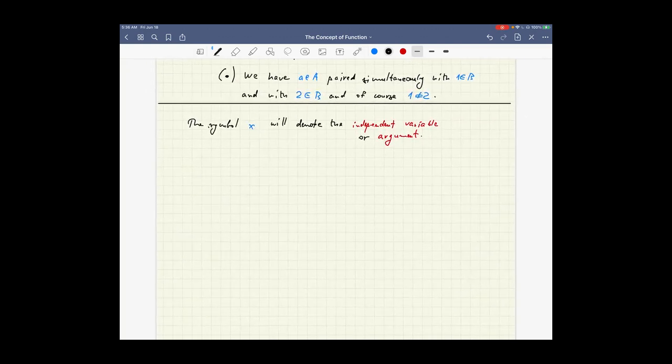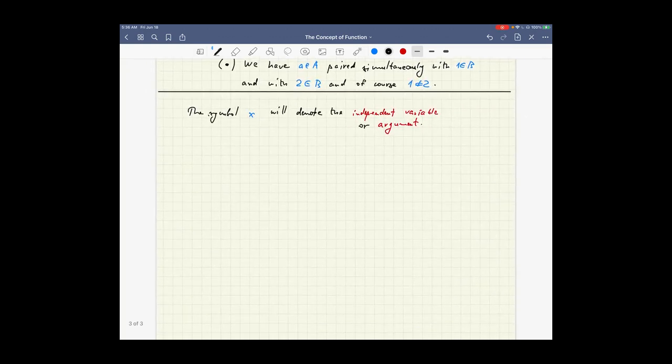Another idea, the image of a function or range. As the argument x varies throughout the domain, the corresponding values of the dependent variable y form what's called an image of f, or range of f.